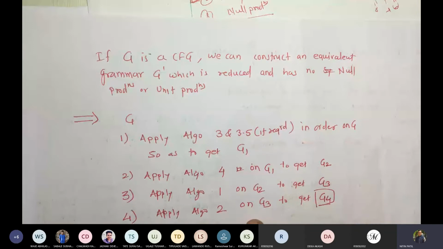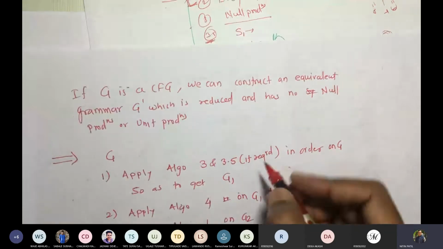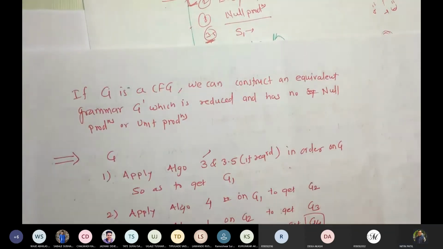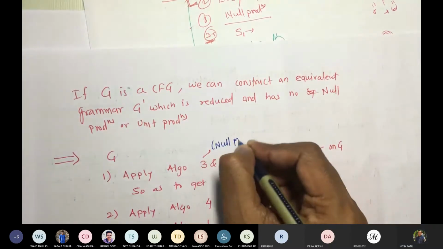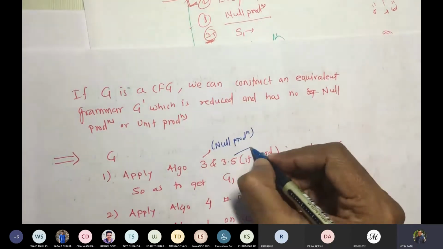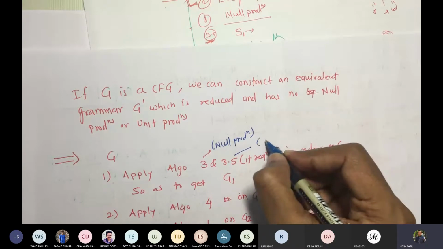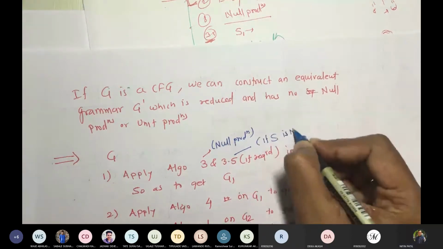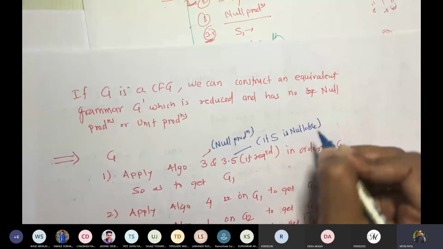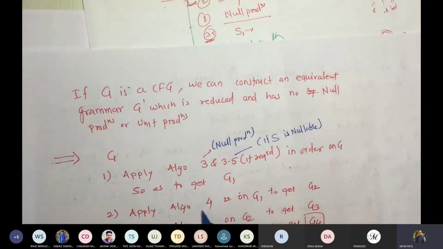Have you understood this? What we mean by this? So I will write here. So 3 means what? Remove null productions. This 3.5 would be what? If S is nullable, remove that by introducing that. This algorithm 4 means what?